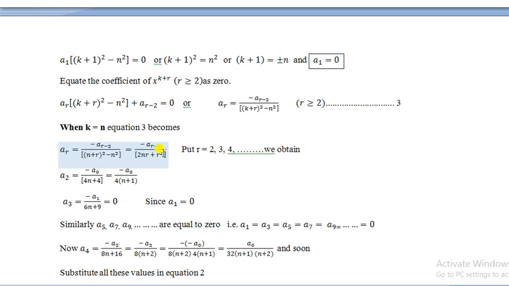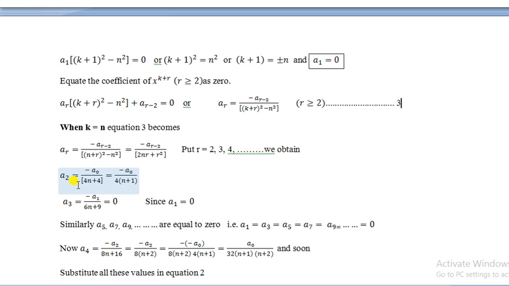If you substitute r equal to 2 in the ar formula, it becomes a2 minus 2, which is a naught. The denominator with r equal to 2 is 2 plus 2nr, that is 4n plus 4. If you take 4 as common, it becomes 4 into bracket n plus 1.